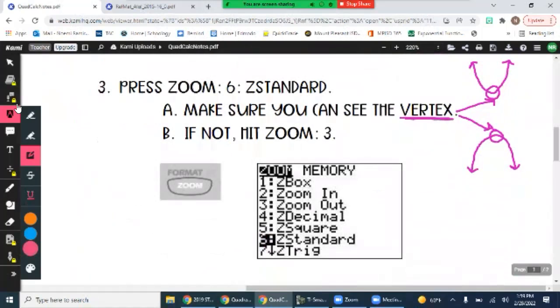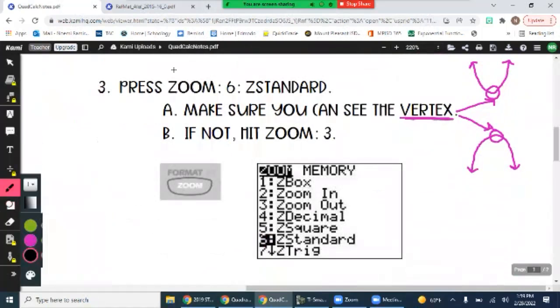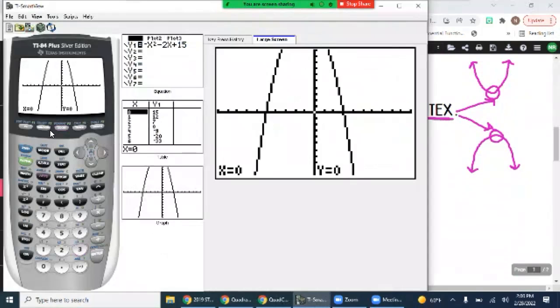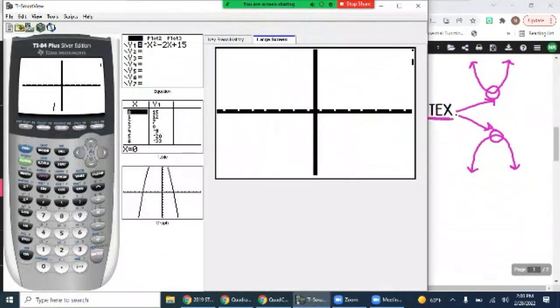One instruction that I forgot to include, you have to press enter as well. So I'm going to press Zoom 3, and I'm going to press enter 1 time. And now your graph should look like that. Can everybody see their vertex now?